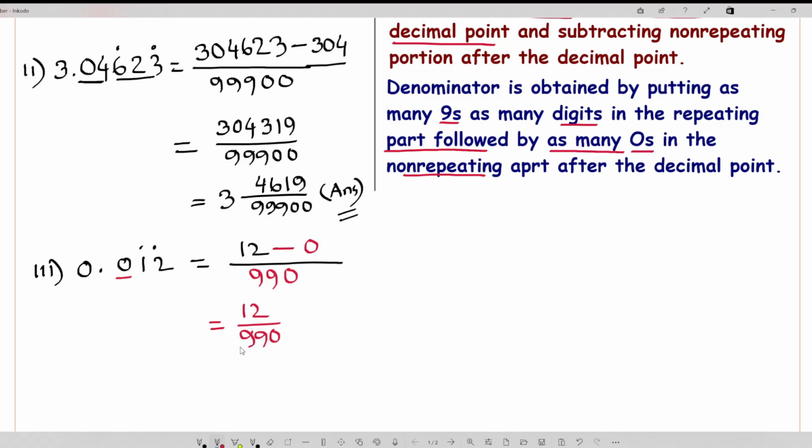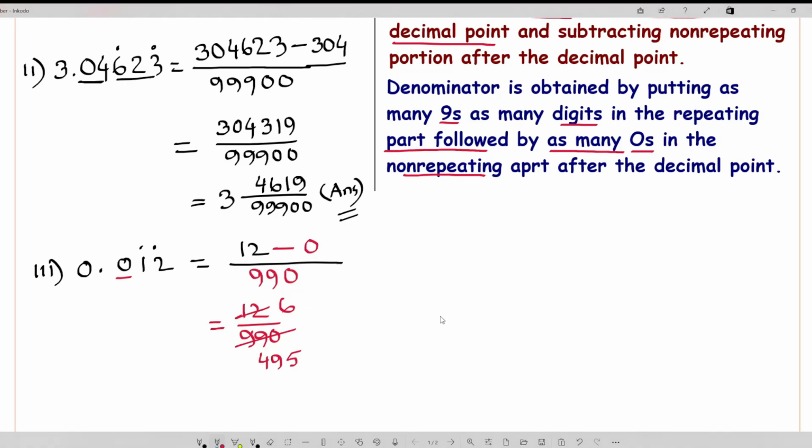Now look, we can divide this by what? We can divide by 2, so it will be 6 over 495.